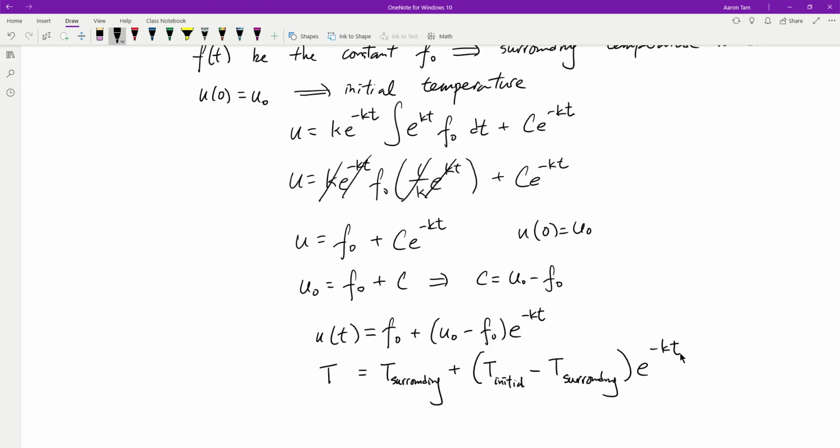So remember, f sub 0 is the surrounding temperature and u sub 0 is the initial temperature. So I think that's probably the formula that you remember from either physics or algebra 2.